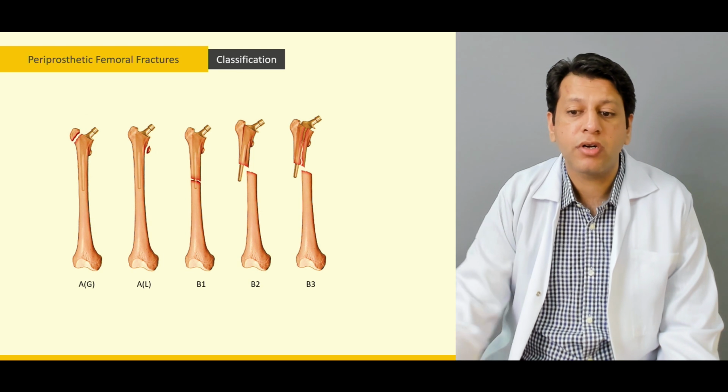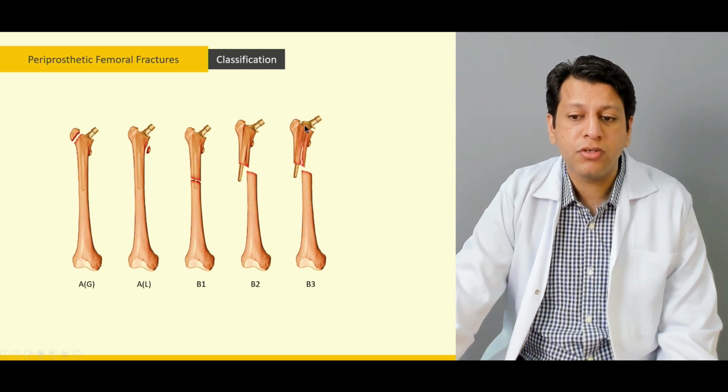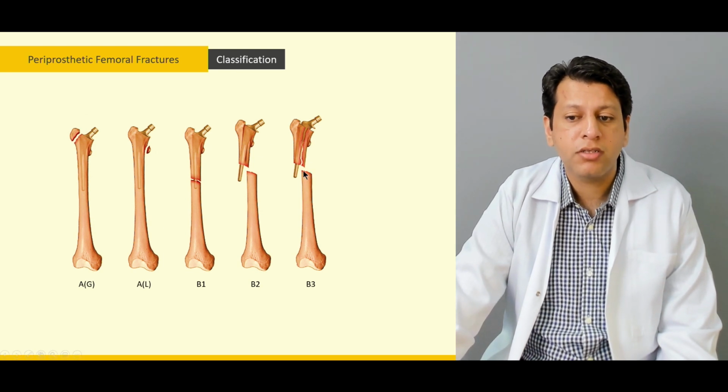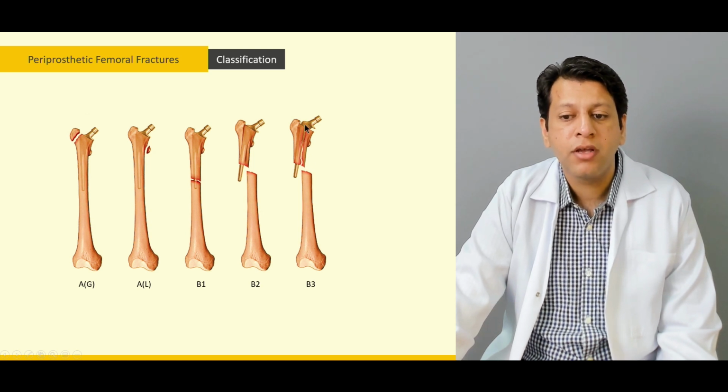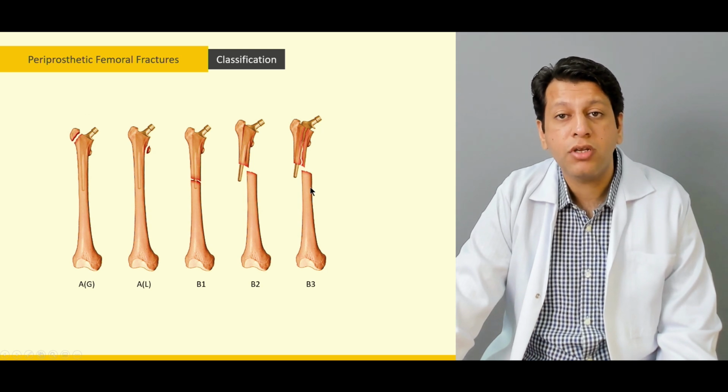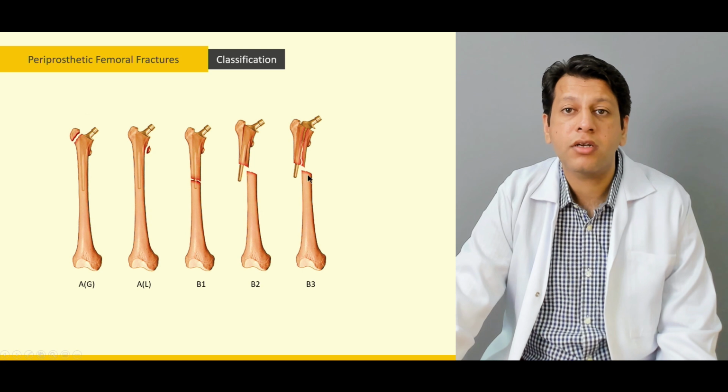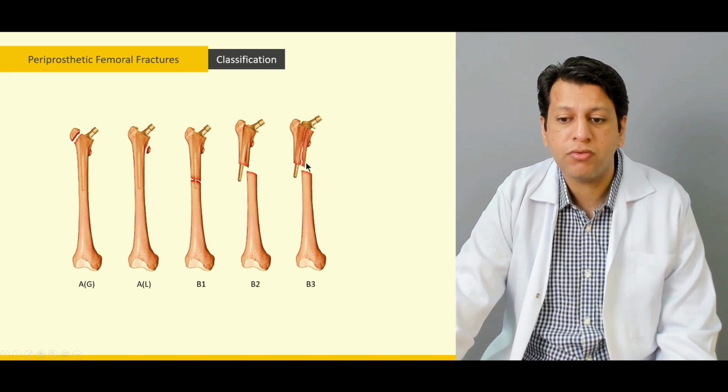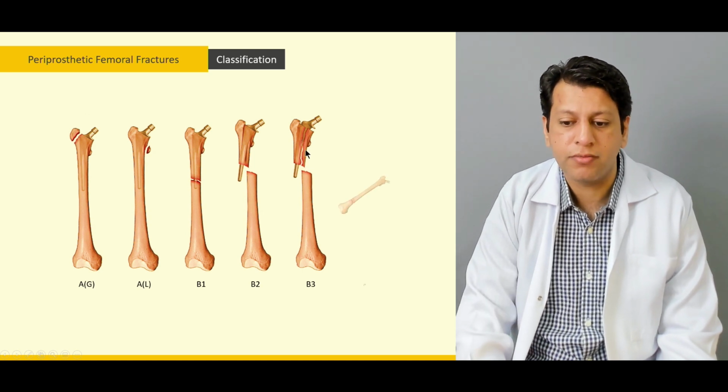Then you need to re-implant the patient with a femoral prosthesis with a longer stem as well as fix this fracture with a cable and graft, and may actually require an allograft strut or an autograft cortical strut to maintain the fracture.